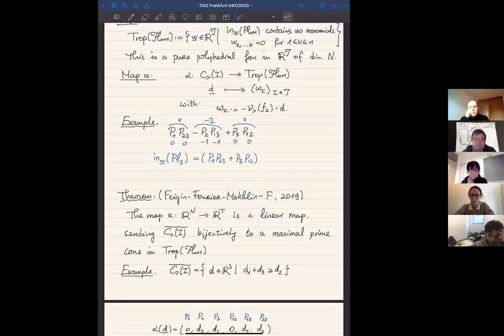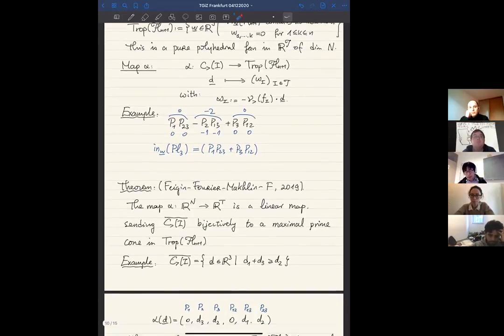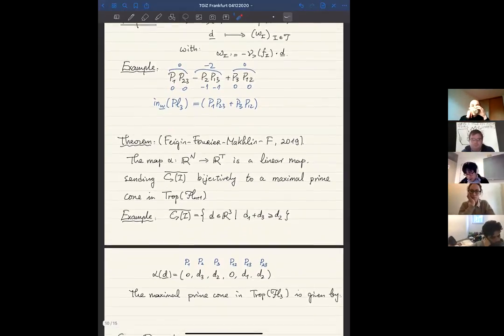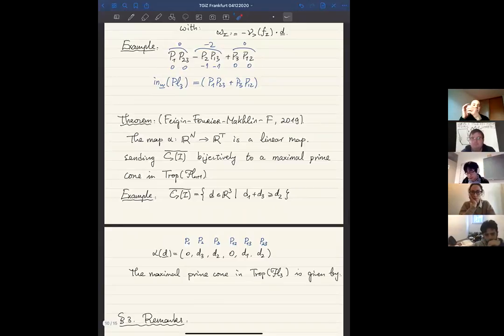So let's take our running example. This C larger I, this Gröbner cone, if we close it, we get D1 plus D3 larger or equal to D2. And now what is the image alpha of D? If you compute, because previously I gave the example 1, 0, 1, and then if you plug in D1, D2, D3, you're going to get 0, P1 has degree 0, P2 has weight D3, P3 has weight D2, and so on.